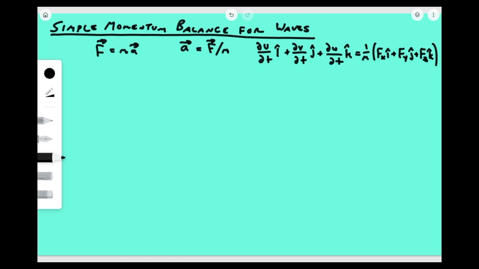And fx, fy, and fz are the components of the force in the x, y, and z directions. That's a full vector equation.